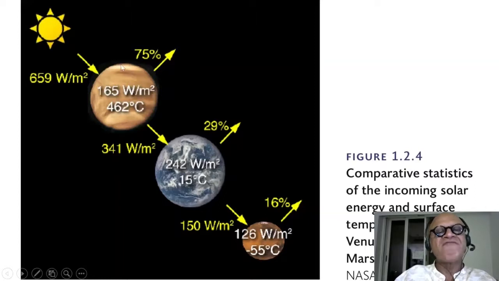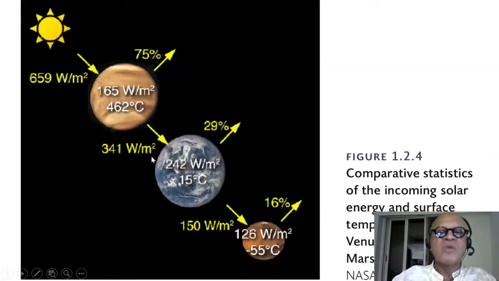So almost 75% of the 659 watts per meter squared it receives is reflected back. And yet it reaches a temperature of 462 degrees centigrade on the surface because its greenhouse effect is so powerful that it's taking this little energy and creating what is called a runaway warming.